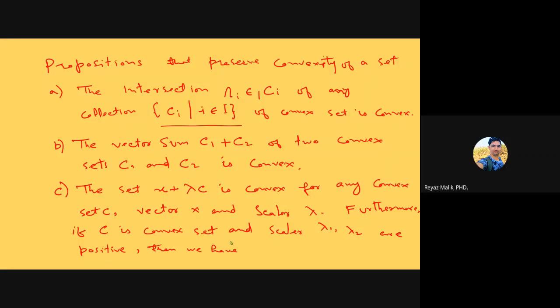Further, if C is a convex set and lambda 1, lambda 2 are positive scalars, then lambda 1 plus lambda 2 times C equals lambda 1 C plus lambda 2 C, and that will be convex also. No problem in it.